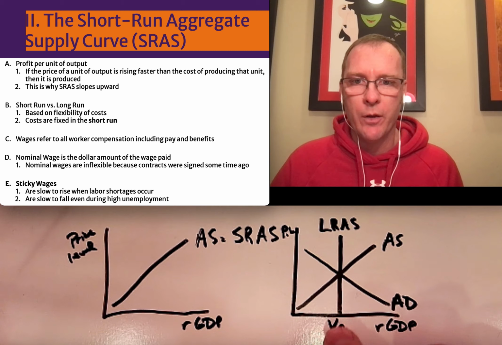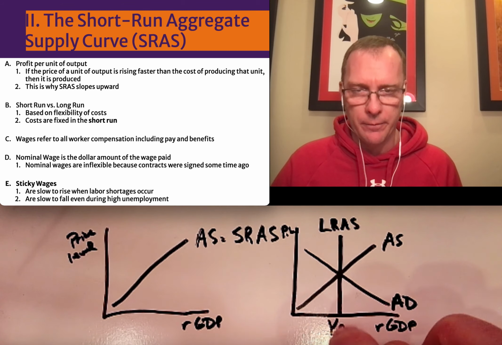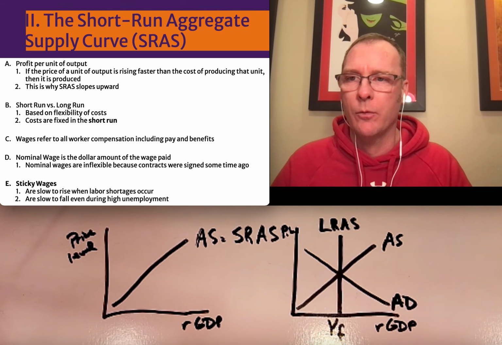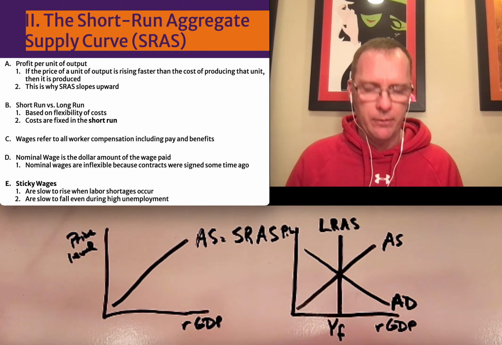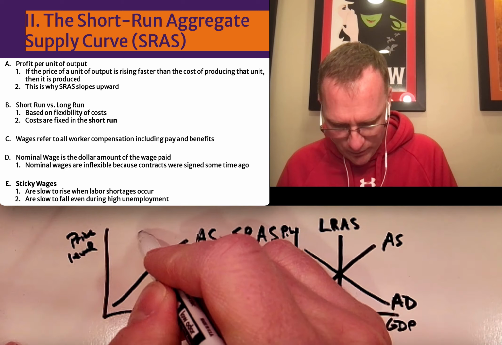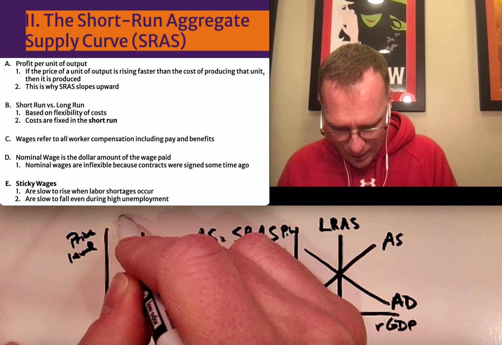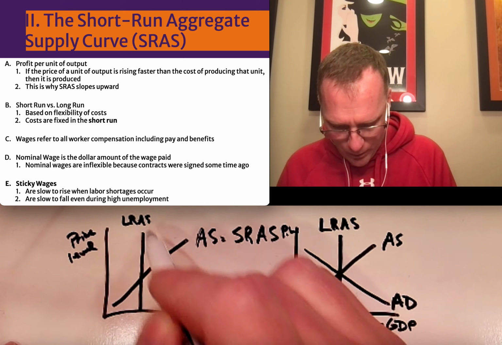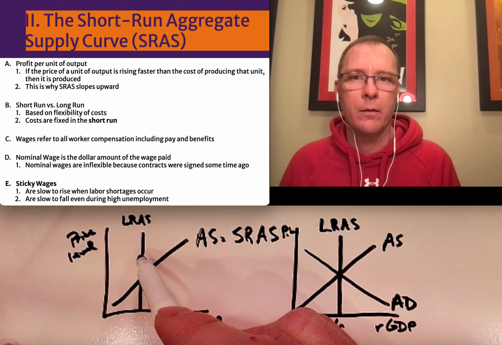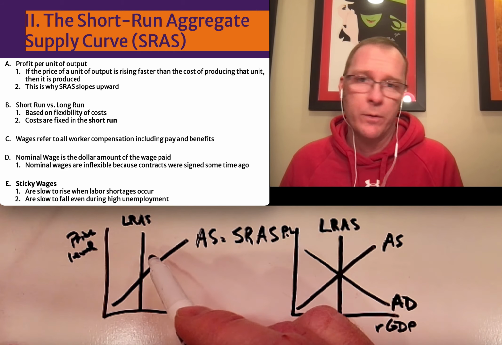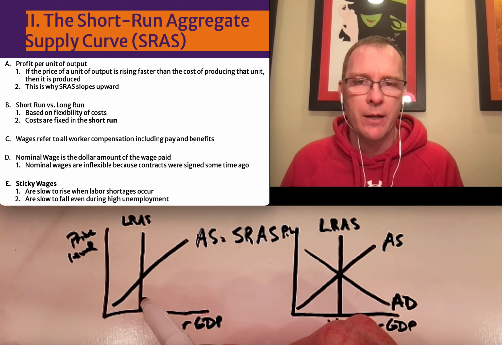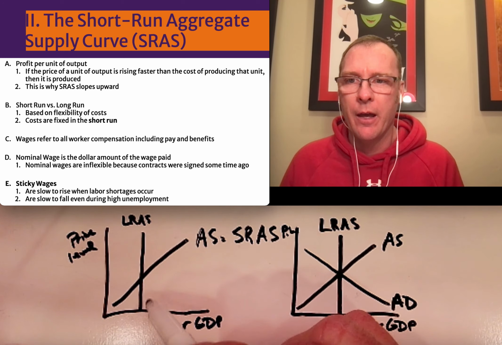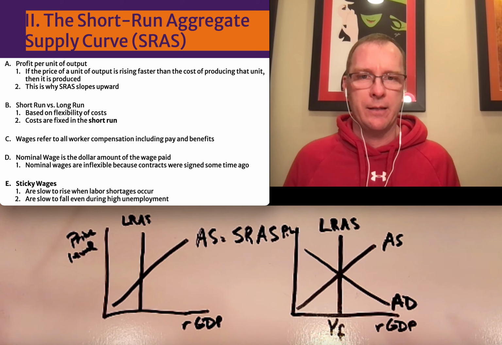Now, the short run versus long run portion, that's really based off of our flexibility, in particular wages, all right? So when you think about this long run line in here, what's going to happen in the long run is if I could pay you more when the good costs more, or was making more profit, and I could pay you less when I was getting less price for my good, then this line would be the only line that exists.